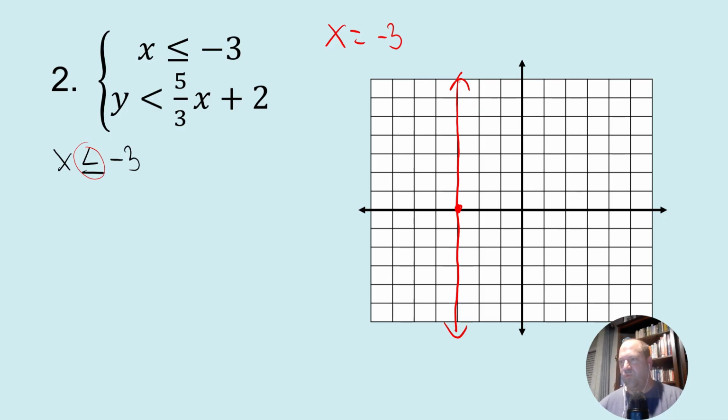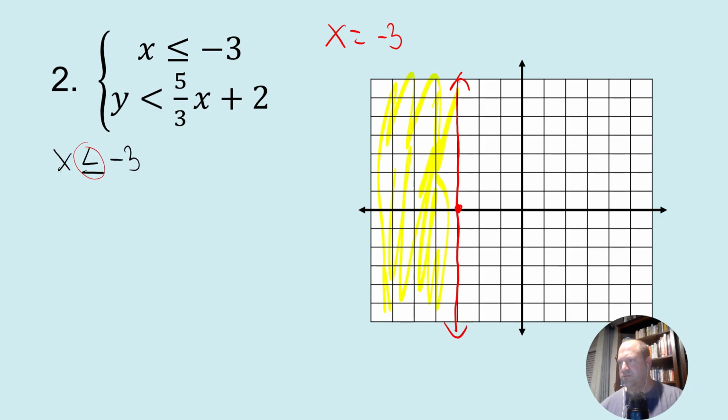Now we have to figure out where our solution is going to be. If x is less than or equal to -3, where are my values less than -3? Those are all values to the left of -3. So I want to shade to the left.